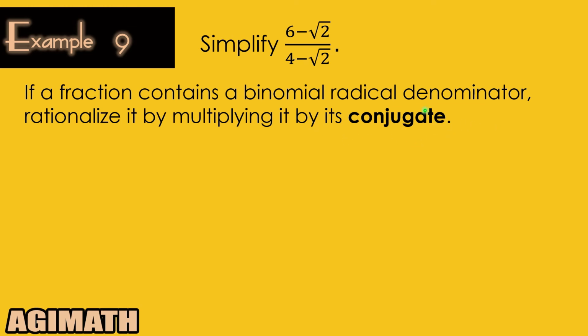If we look at example 9, the denominator contains a binomial because we have two terms, 4 and the square root of 2. So how are we going to solve a problem like this? We are going to rationalize by multiplying it by its conjugate. Now the only problem that we have right now is, what do we mean by conjugate?